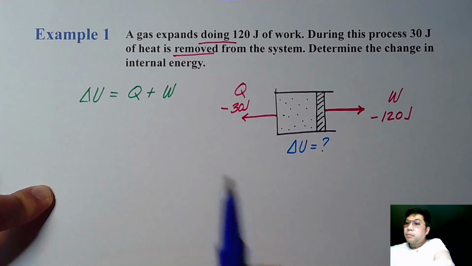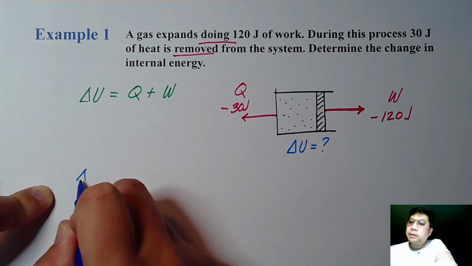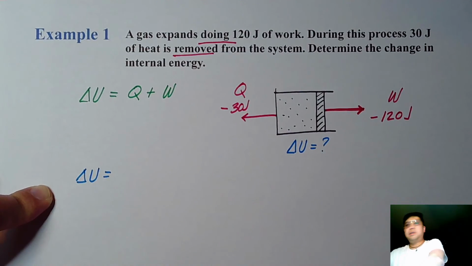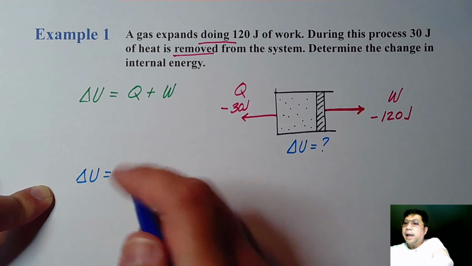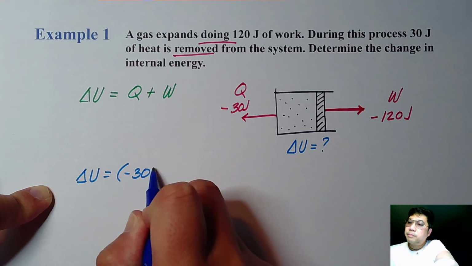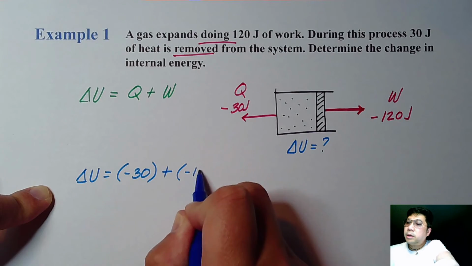By applying this information, let's put delta U, our change in internal energy, equivalent to Q. Since that is negative, let's place negative 30 plus negative 120.